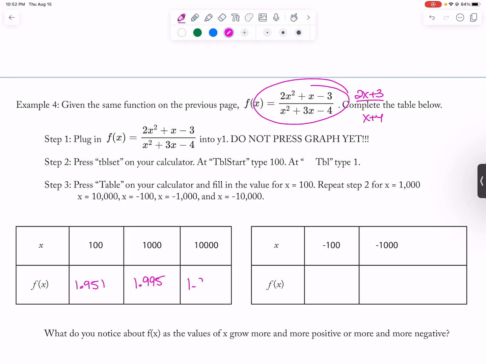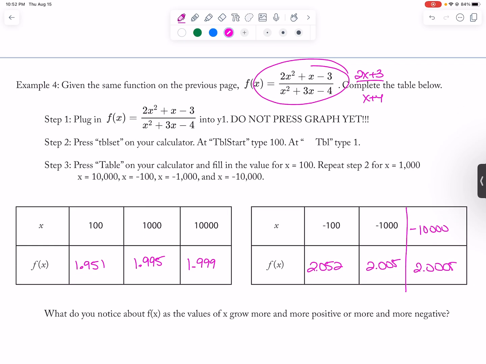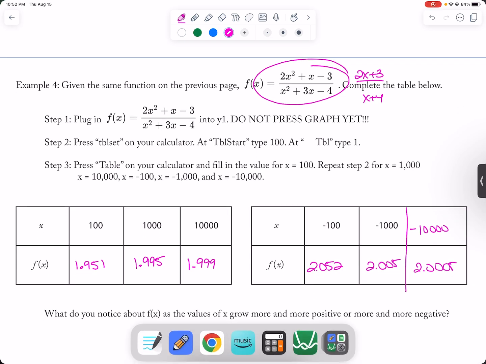And 10,000 is 1.999. That should have had a negative sign there, and it should have been negative 10,000. So negative 100 is 2.052, and then 2.005, and then 2.0005. So what you notice is that it looks like it's getting really, really close to 2.